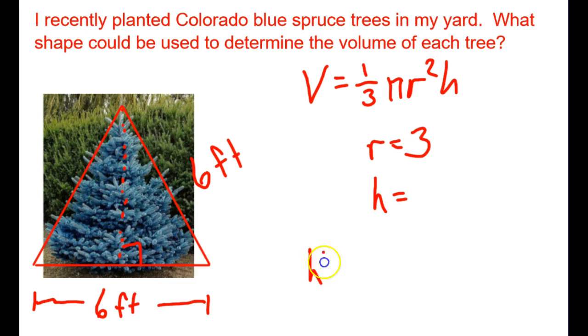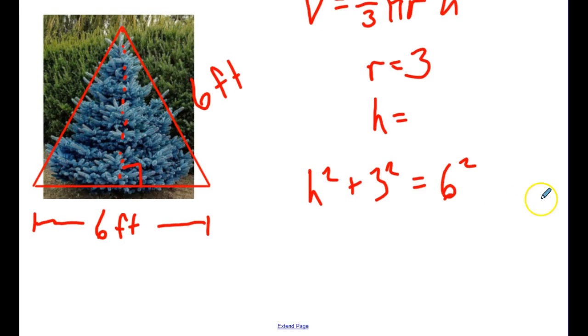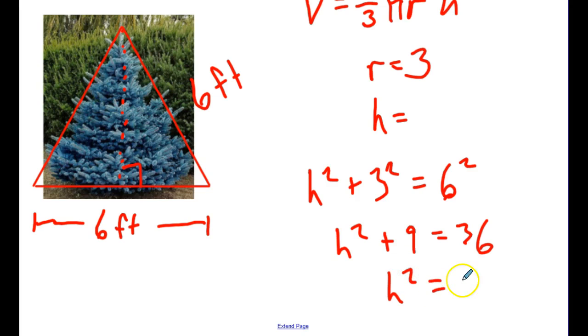So h squared plus 3 squared is equal to 6 squared. Now we can go through and solve. H squared plus 9 is equal to 36. Get h squared by itself. H squared is equal to 36 minus 9, which is 27.